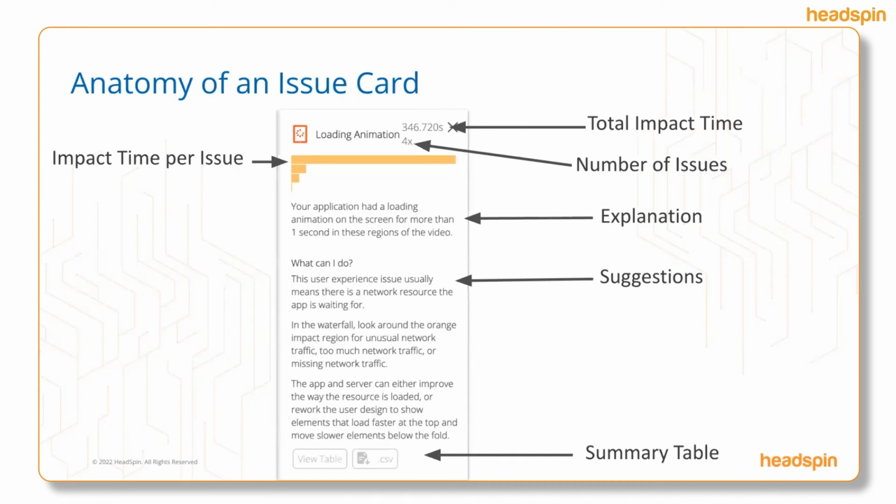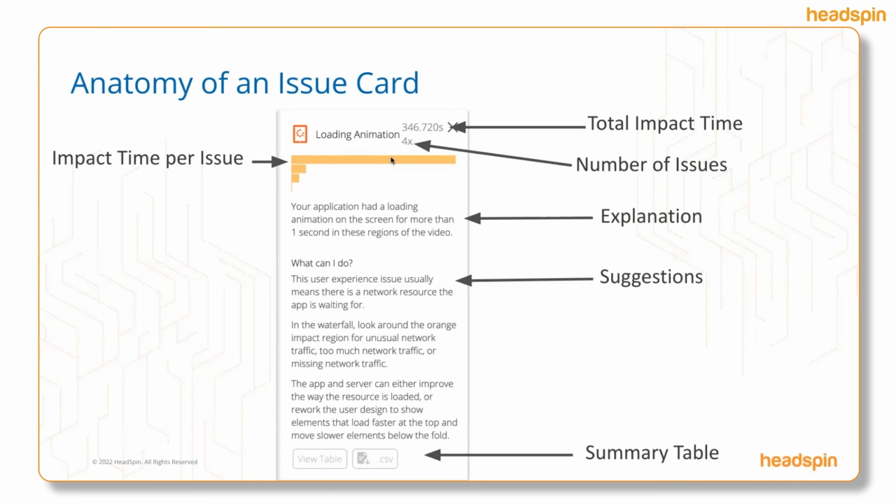So when we go back to this issue card from the Waterfall UI, and if you click on it and it opens up the full details here, you can see, this maybe hopefully makes a little bit more sense. At the top, we have the total impact time for all issues of this type. We have the number of issues, and we have the impact time per issue displayed as this bar chart.